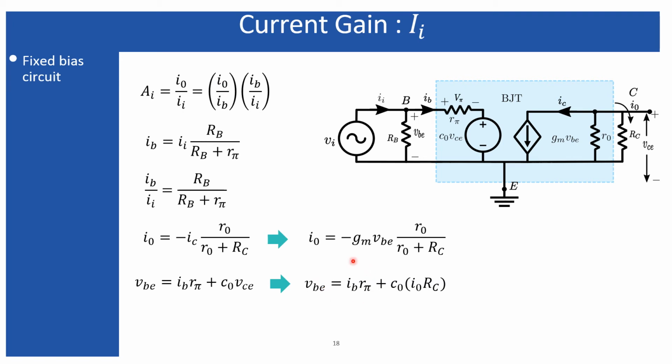So here I have obtained one expression which includes this I naught and VB, and I have obtained a second expression which also includes this VB, I naught and IB. So if I replace this VB from this expression into this expression, or alternatively you can replace from this expression to this expression, you will get an equation which includes this I naught and IB.